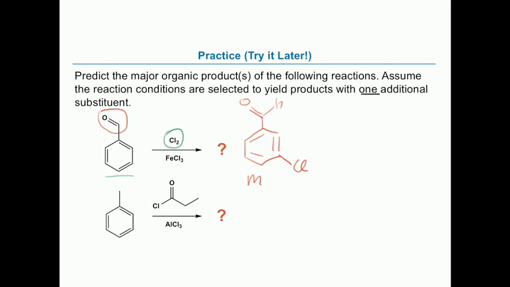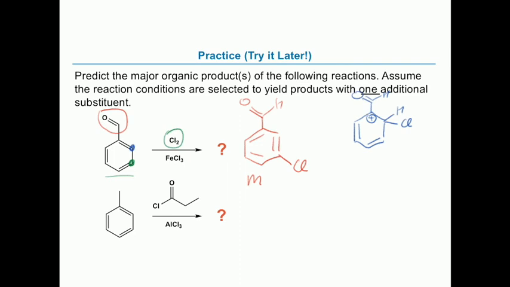Let's, for example, say I'm going to draw the sigma complex where I'm comparing addition to the ortho position as compared to addition to the meta position. Okay, so ortho position, hydrogen, chlorine, like this, with double bond aldehyde and a positive charge localized right here.